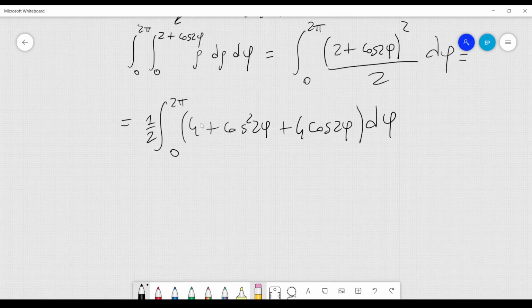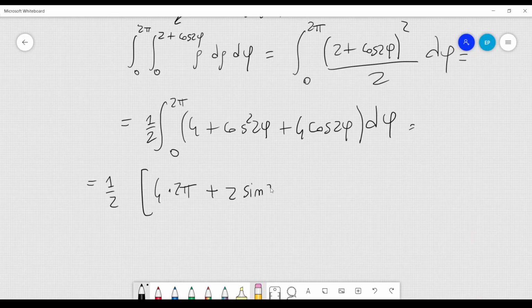We have integral of 4 d phi, which is just 4 phi, and then we have to evaluate it between 0 and 2 pi, so we get 1/2. This is just 4 times 2 pi, and then the integral of this is also quite easy. That's just plus 2 sine 2 phi, because the derivative of this is just 4 cosine 2 phi.